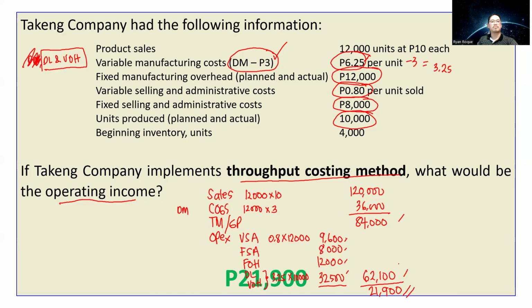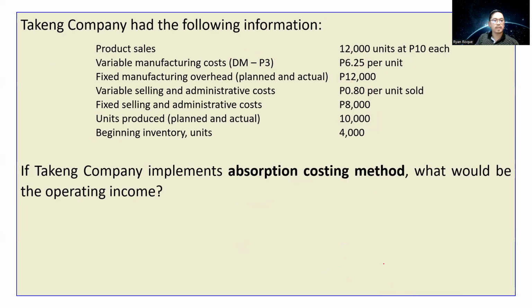All right. So I hope that we're able to understand again or to review the absorption, variable, and throughput costing method. But we would like to again use the shortcut that we did in the lecture video. What if we have the income under throughput? So how do we compute the income under absorption and income under the variable costing method? So let's do this.